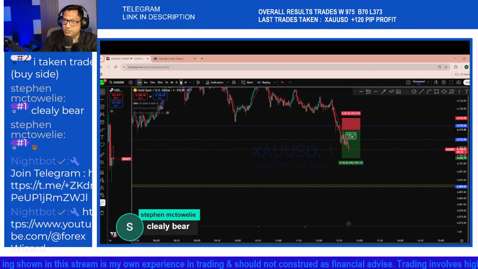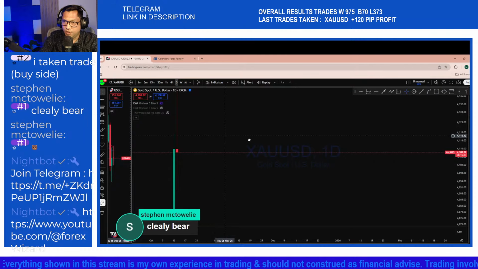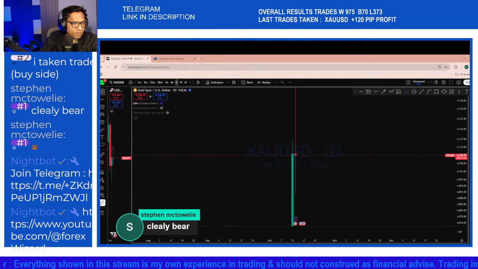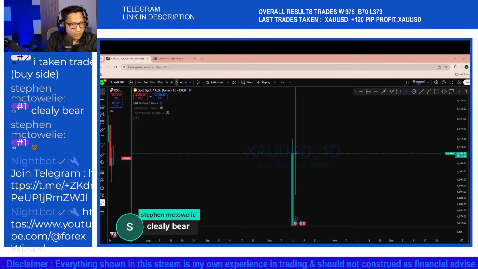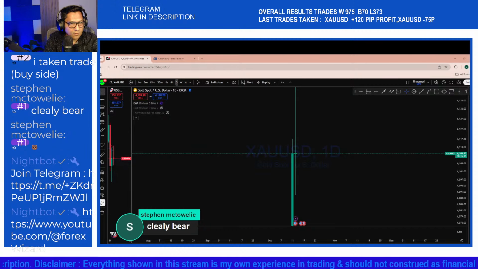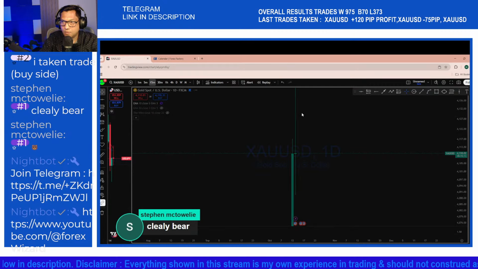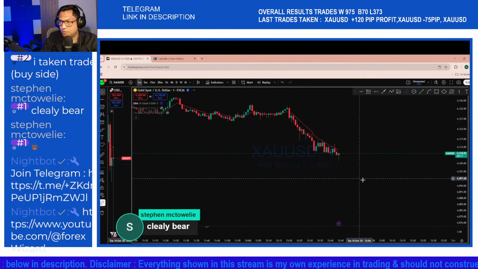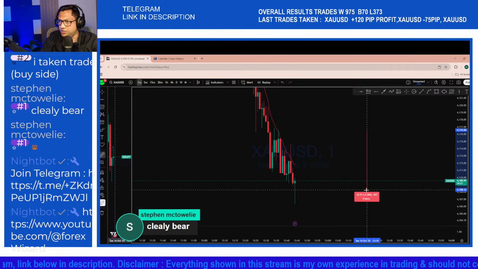And here, if you look at the daily, again the market has dropped down below the daily support level. So this session I'm break even.